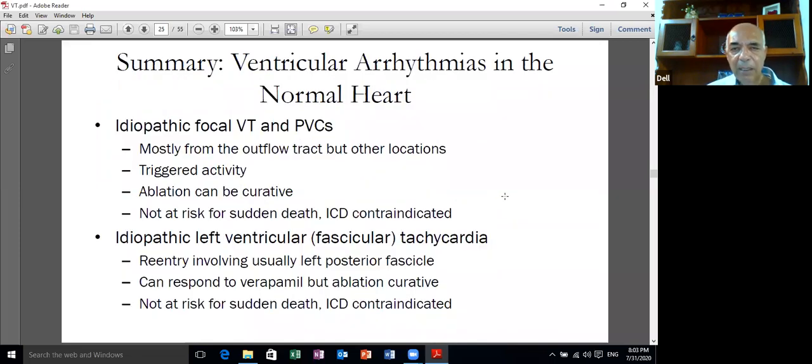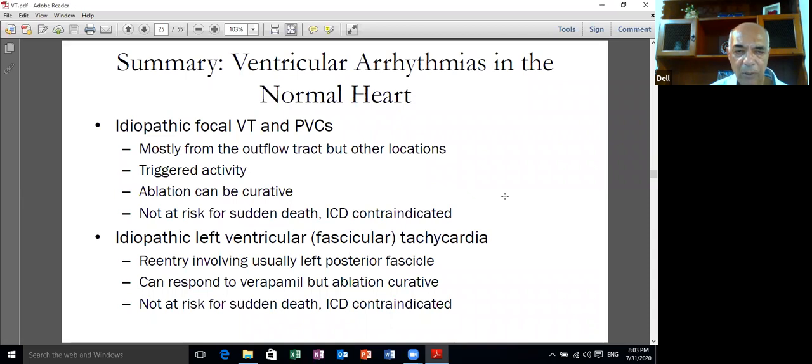So to summarize the initial part of this lecture about the ventricular arrhythmias in the absence of structural heart disease, or the presence of a normal heart, the two essential types, there are other less common types. The two essential types are idiopathic focal ventricular tachycardia, mostly from the outflow tract due to triggered activity.